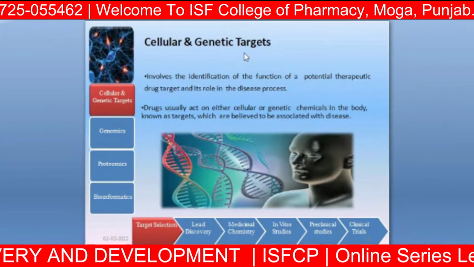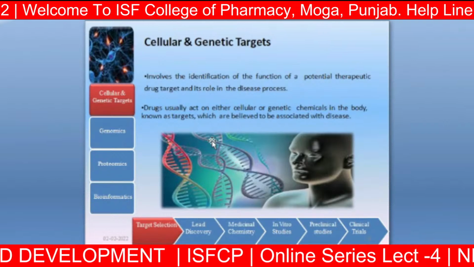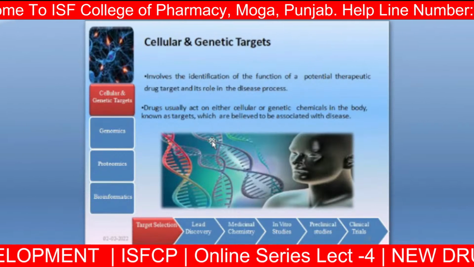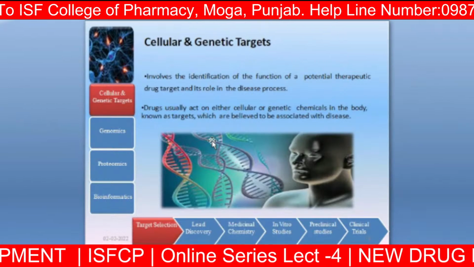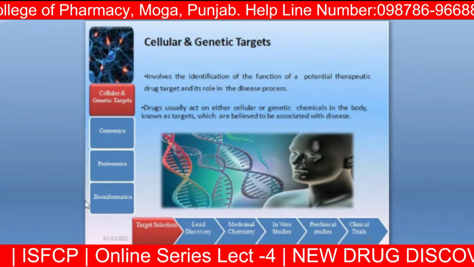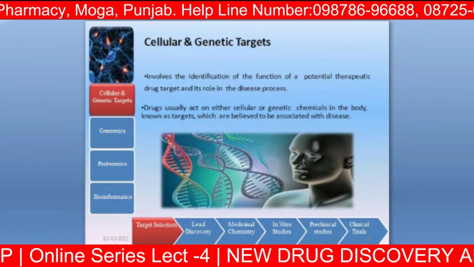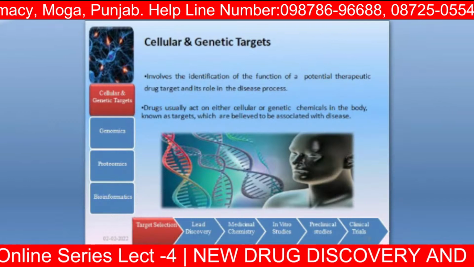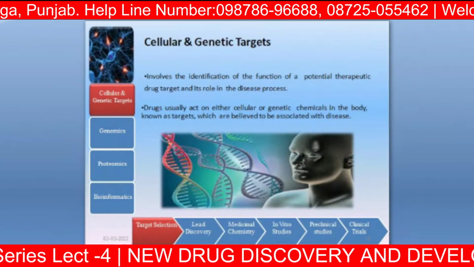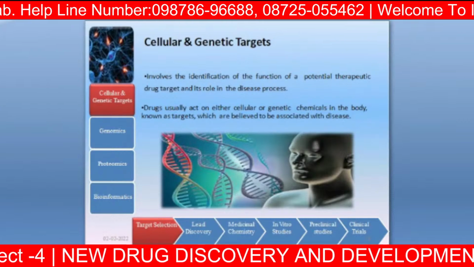Cellular and genetic targets involve the identification of functions of a potential therapeutic drug target and its role in the disease state. Genetics means the genes involved are passed from a father to their son. In the case of a long-standing disease with long exposure within the body, a mutation might occur. Due to this, the disease is not cured by normal means.